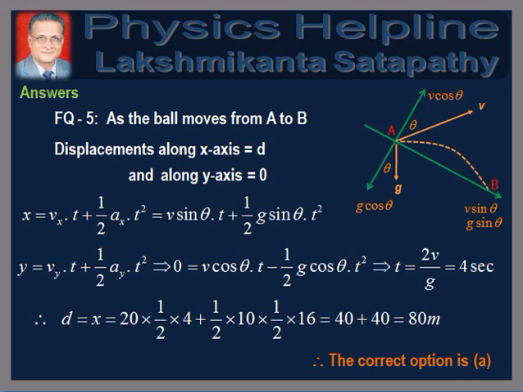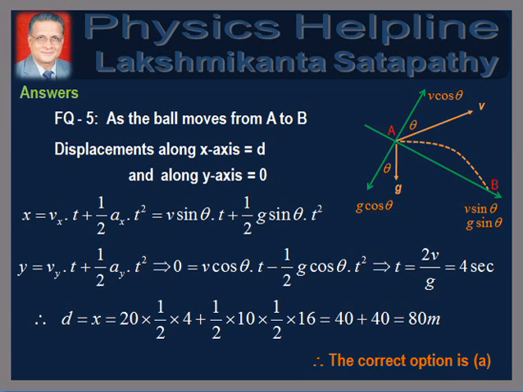Now we will answer fundamental question 5, which will produce the answer. We observe that as the ball moves from A to B, its displacement along the y direction is equal to 0 and its displacement along the x direction is equal to d. The equation of motion in the y direction is y is equal to vy into t plus half ay into t square.